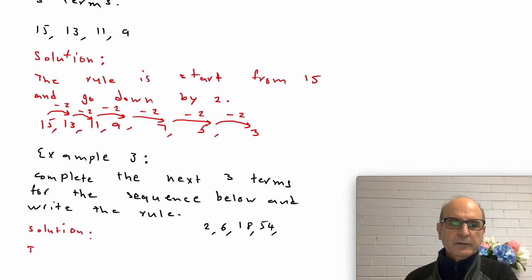So the rule is start from 2 and multiply by 3.